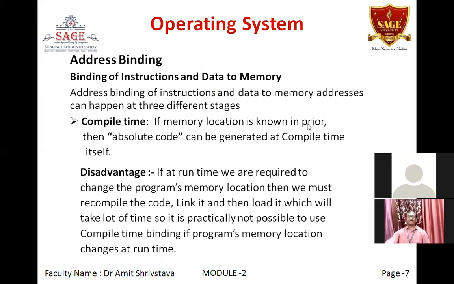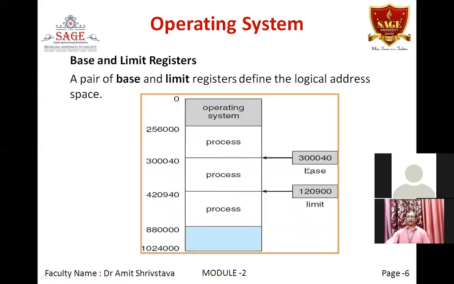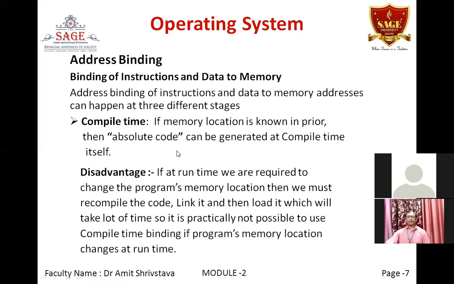Compile time: if the memory location is known in prior, then absolute code can be generated at compile time itself. It means that if I already know that this process will be loaded into the memory location from this address to that address, let us say in the previous example, process 2 has to be loaded from 30040 till 420940, then at compile time itself I will generate the absolute code.